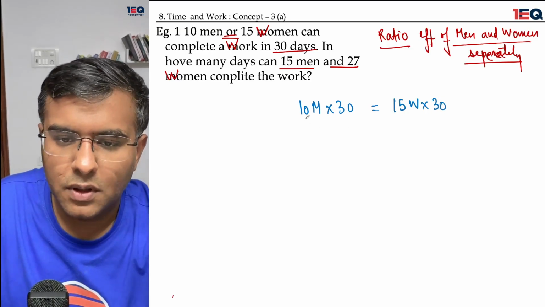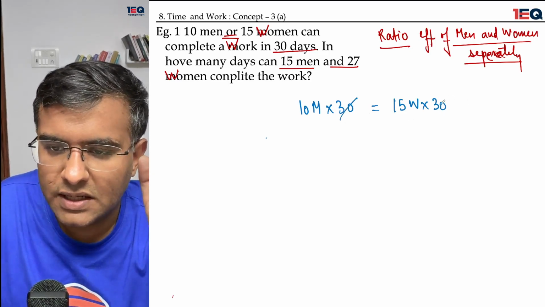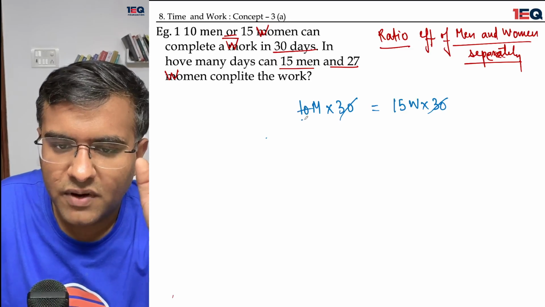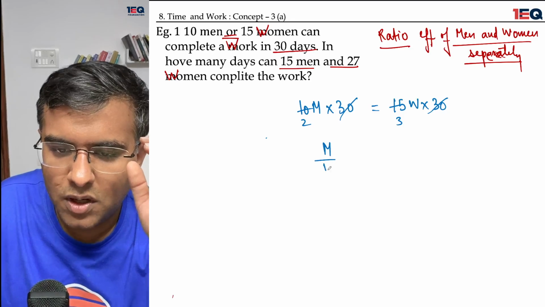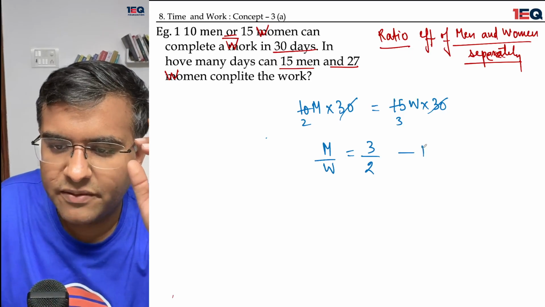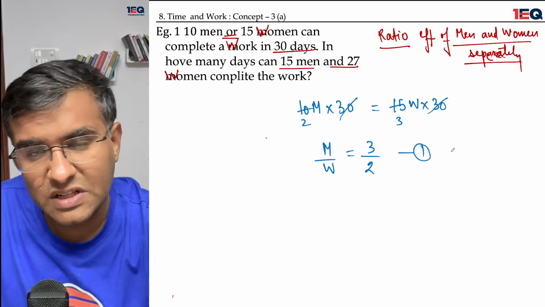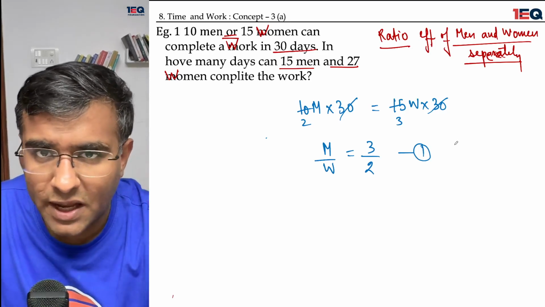Right? So I'll quickly solve it. From here, 30 gets cancelled with 30. 5 twos are 5 threes are... M upon W is equal to 3 upon 2. This is my first equation, and this equation will solve my entire question.